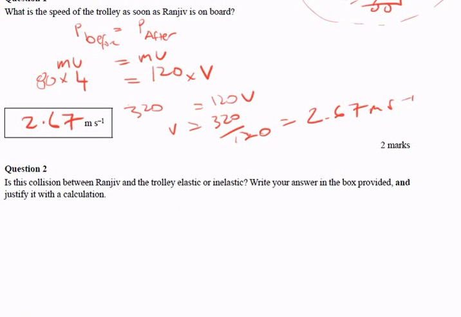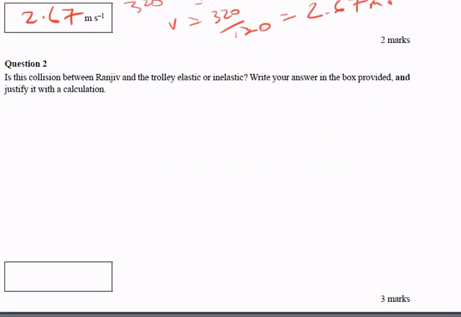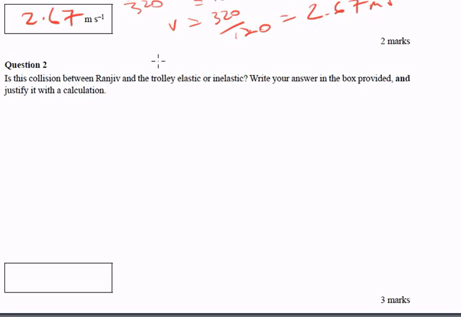Alright, is this collision between Ranjev and the trolley elastic or inelastic? Write your answer in the text provided and justify with the calculation. What elastic or inelastic means is the total kinetic energy is the same before and after.